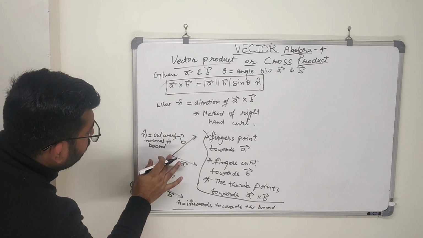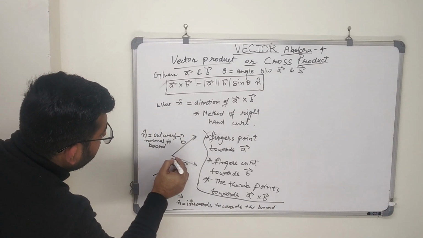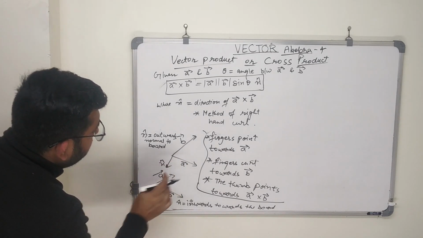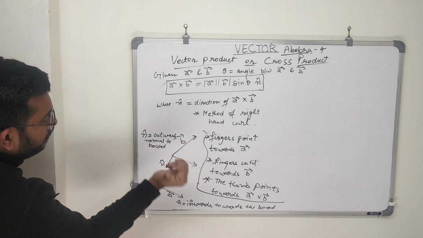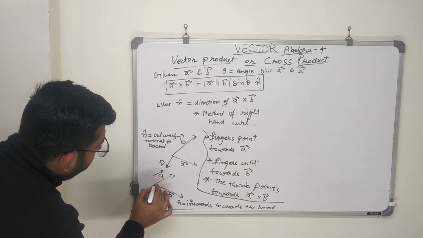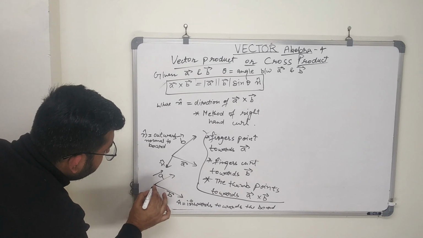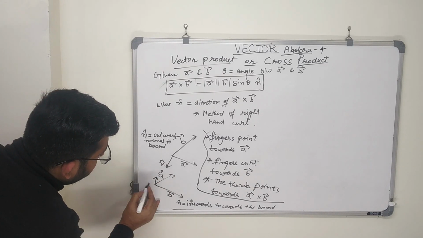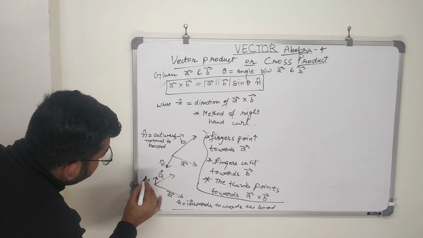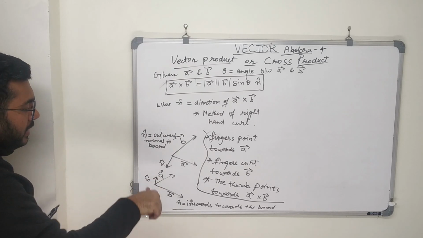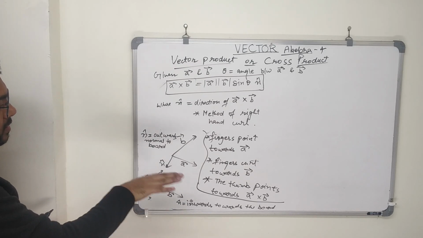You can also represent n cap here. So this will be the direction of n cap, that is outwards from the board normally, and in this you can point n cap towards this direction, that is inwards. In this case, A cross B will point inwards by the right hand curl.